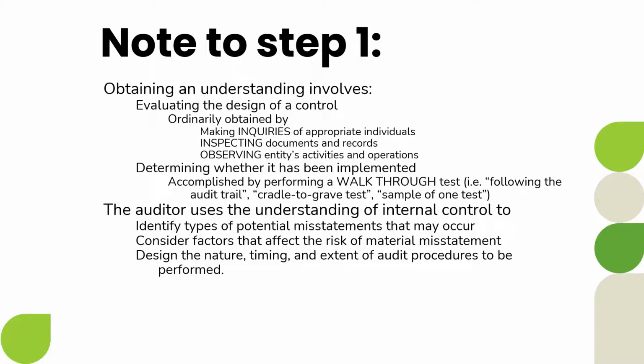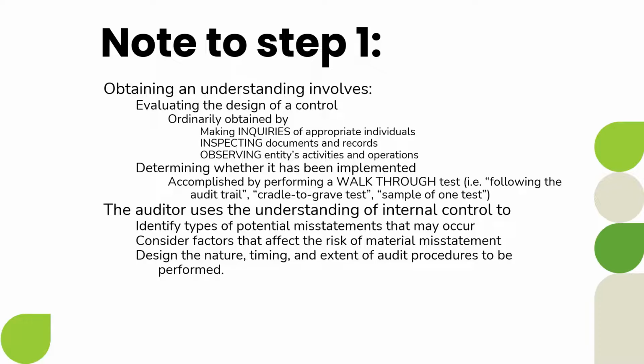For example, have you ever tried walking to the office or entering school without your ID on and still being able to enter the campus? Well, technically, that's a deviation, but that doesn't mean that you are not an enrolled student, right? So deviations may occur, but they do not necessarily mean that they are already misstatements. Therefore, our understanding of internal controls will only lead us to identify types of potential misstatements that may occur.